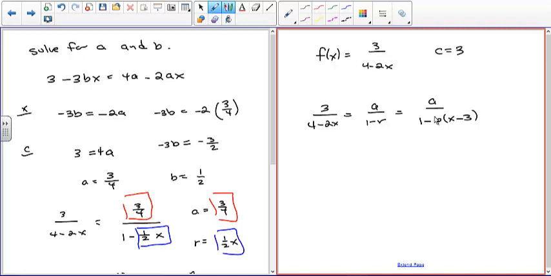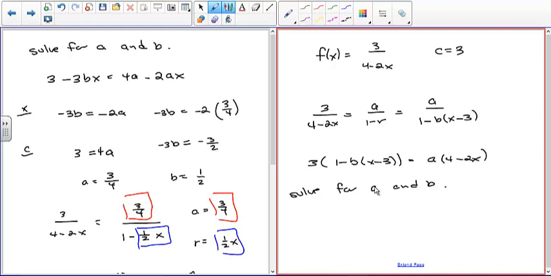But as far as solving for a and b, it's the same procedure. You're going to cross multiply the first and the last expression. So we'll have 3 times 1 minus b times x minus 3 is equal to a times 4 minus 2x. Solve for a and b.